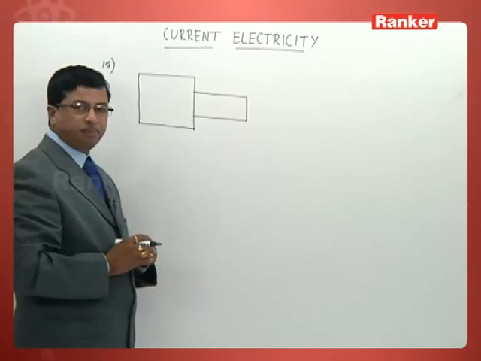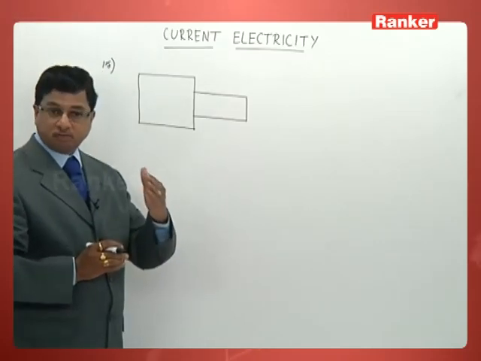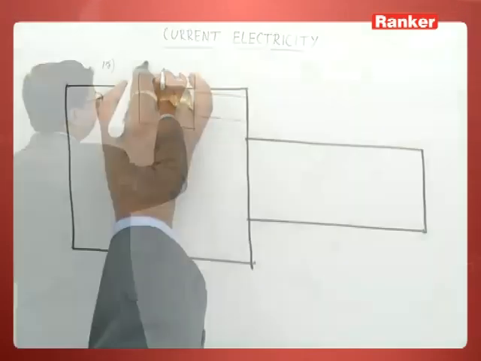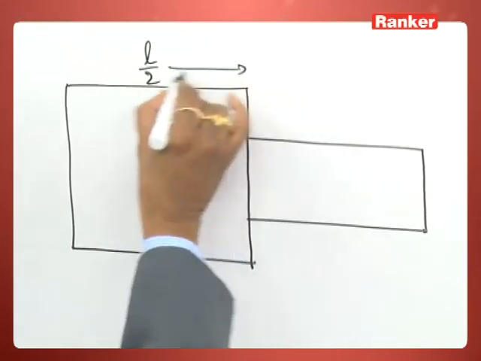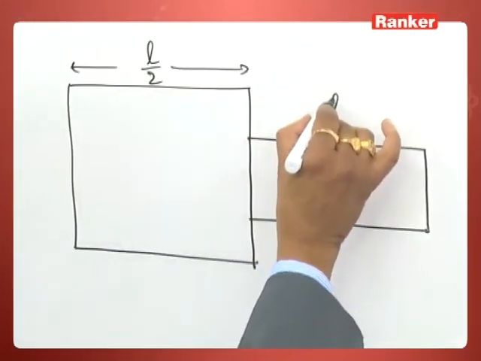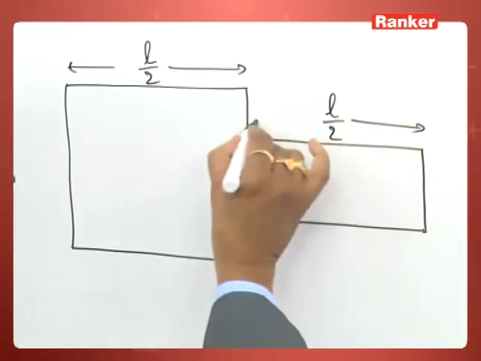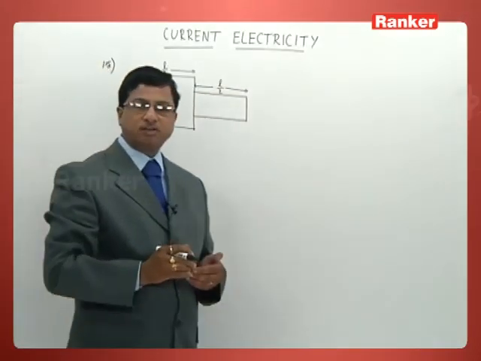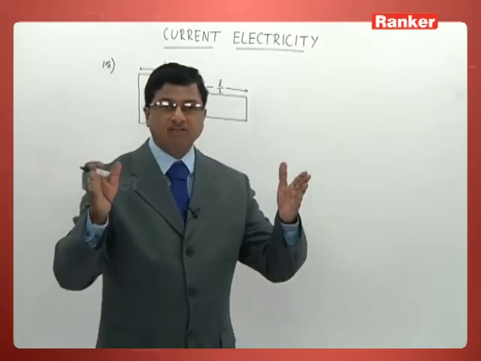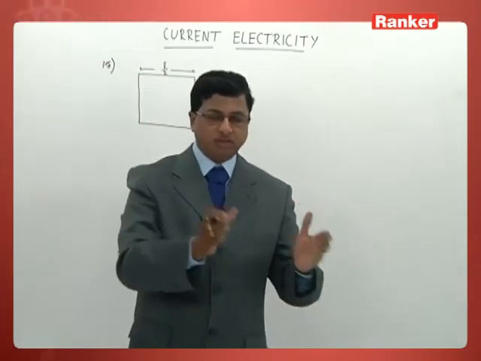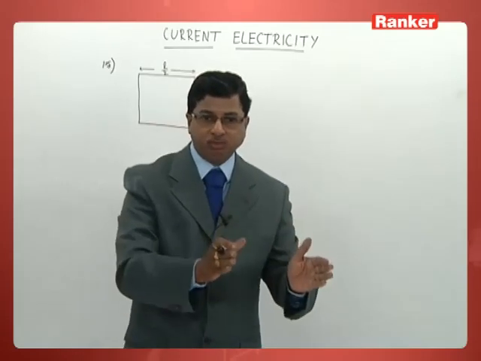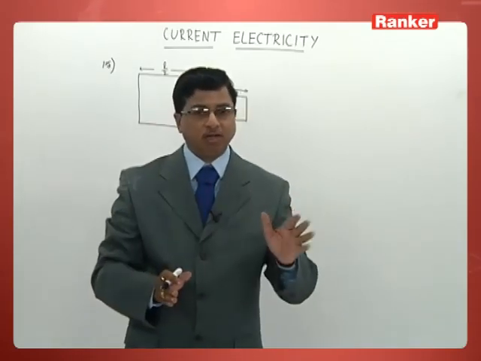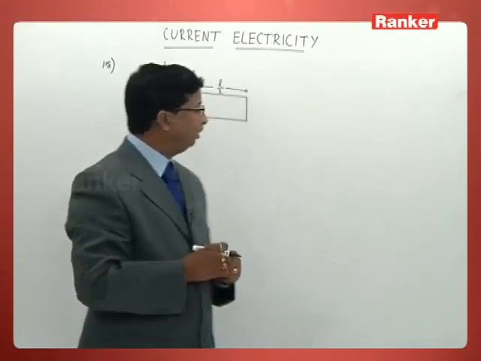Very clearly it is mentioned in the question that this length is L by 2 and this length also is L by 2. If I take the total length as L, each one is L by 2. Their lengths are equal, that's given very clearly.